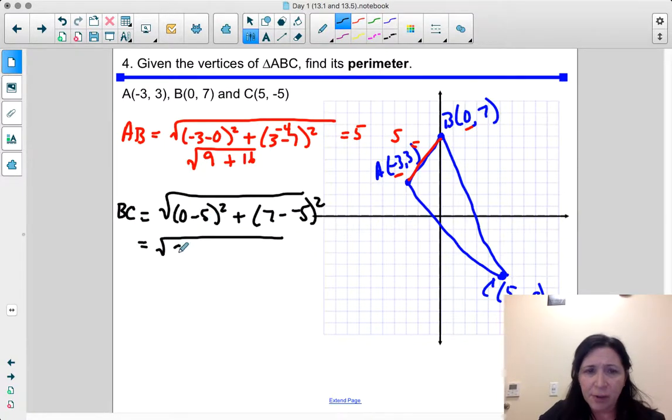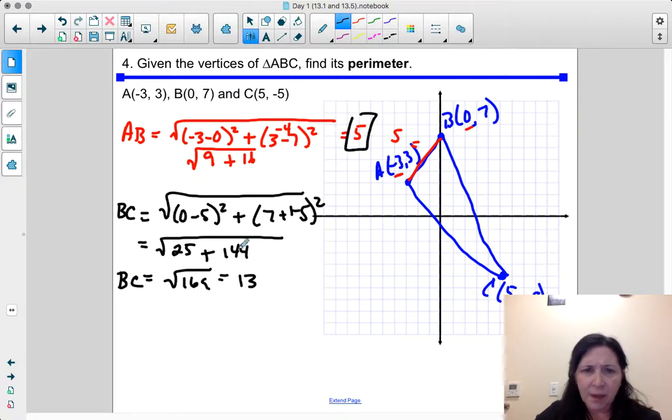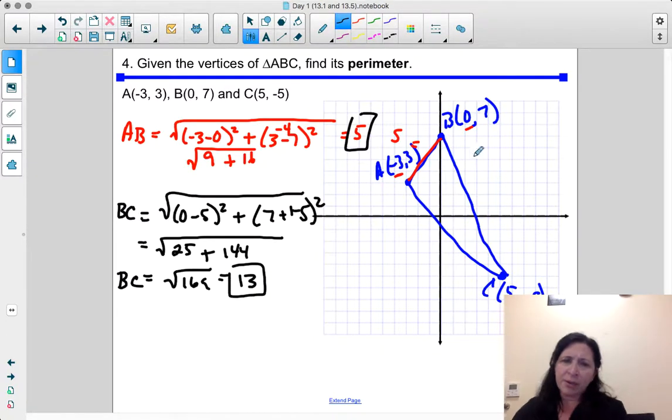Negative 5 squared is 25. This makes plus, so that's 12. 12 squared is 144. 144 plus 25 is the square root of 169, which is 13. So that's BC. Okay, so that was fine. This segment's measurement is 13. So that distance equals 13.